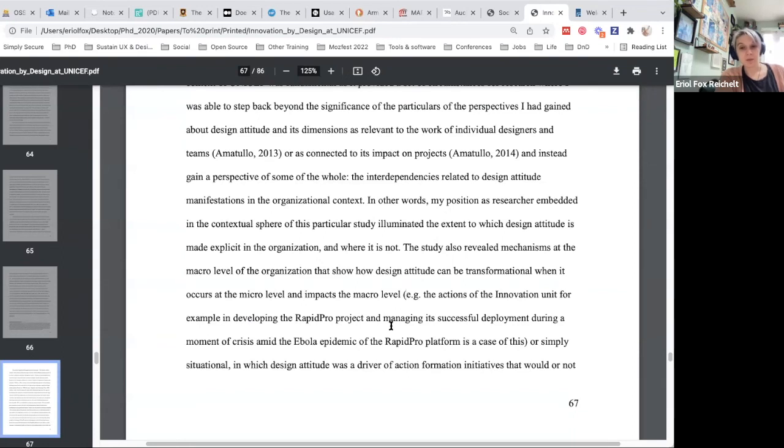So here we're talking about the successful deployment of the open source RapidPro project during the Ebola epidemic. I find this confusing, given I can't see the evidence of what the design involvement was within these transformational design attitude impacts. I find it difficult to pick out from the rest of the case study what this actually entailed, or how it was expressed.